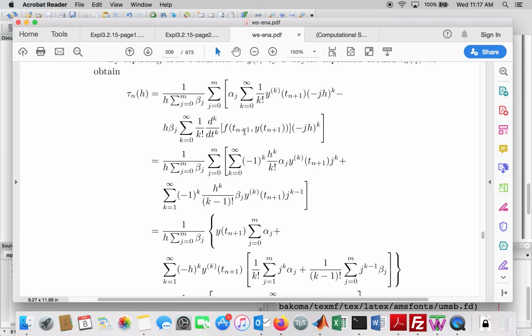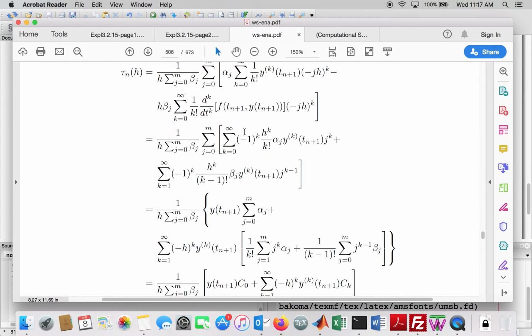It's not necessary in this case. Because what we could do is, first derivative of y is equal to f. Second derivative of y is equal to derivative of all this with respect to t, and so on. So we can rewrite these as derivatives of y, higher order derivatives.